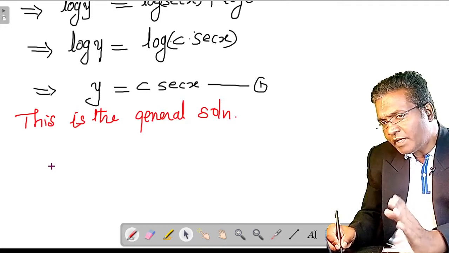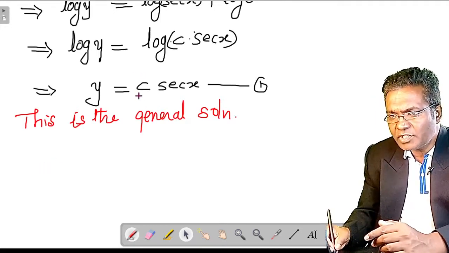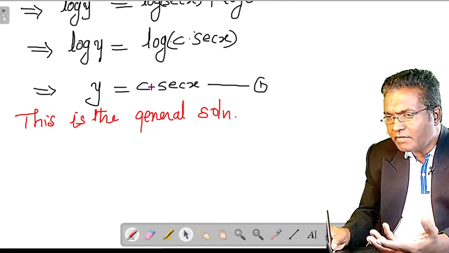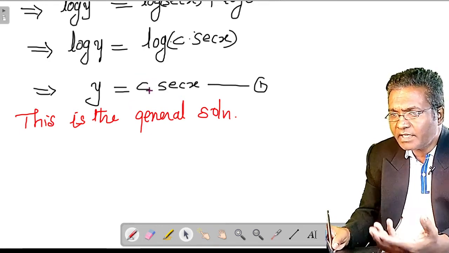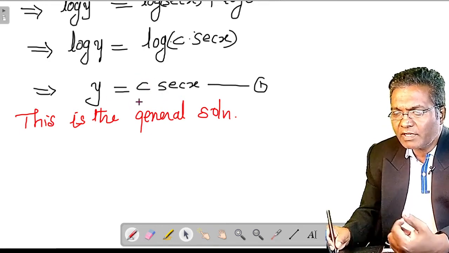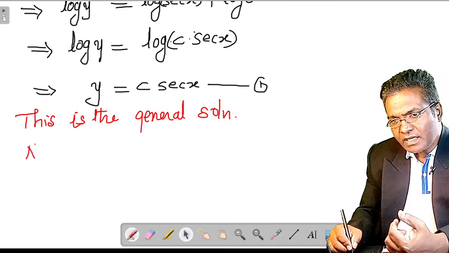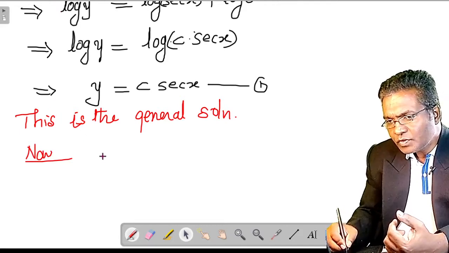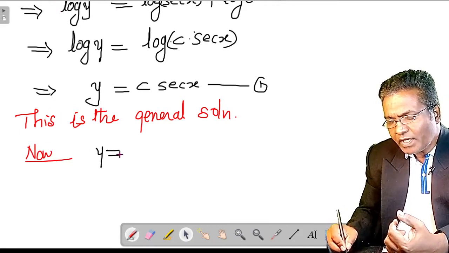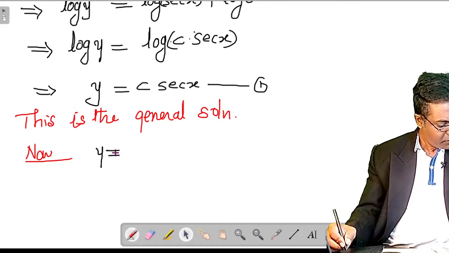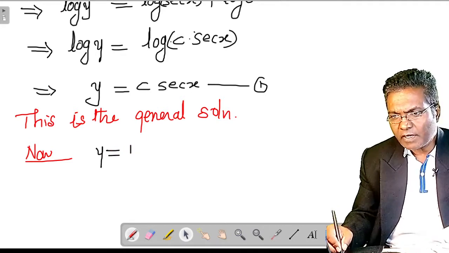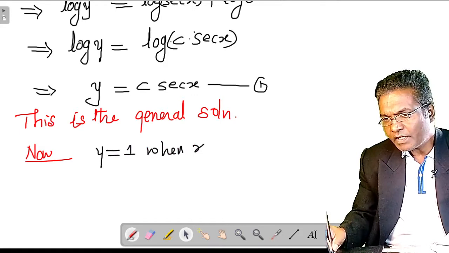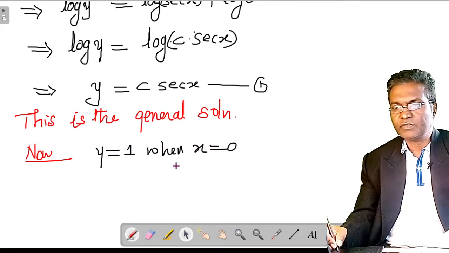Now you need to find the particular solution. Particular solution means using the initial values, whatever values you are given, y is given and x is given. If you put them here, you will get the value of c. Now, you are given y is equal to 1 when x is 0.